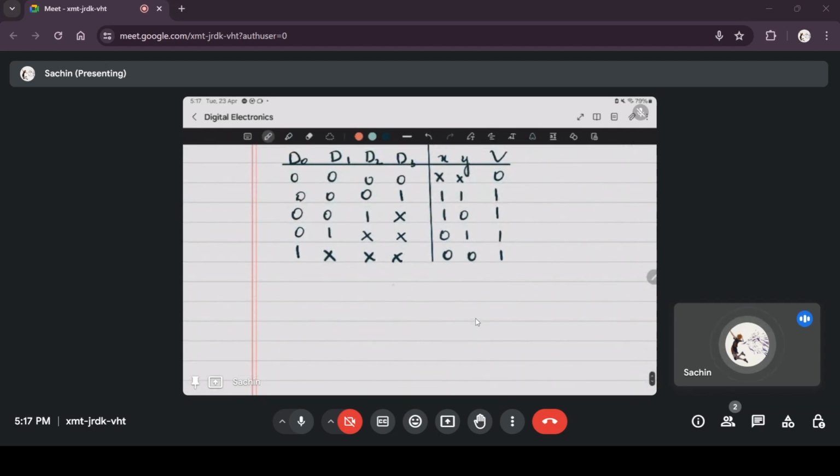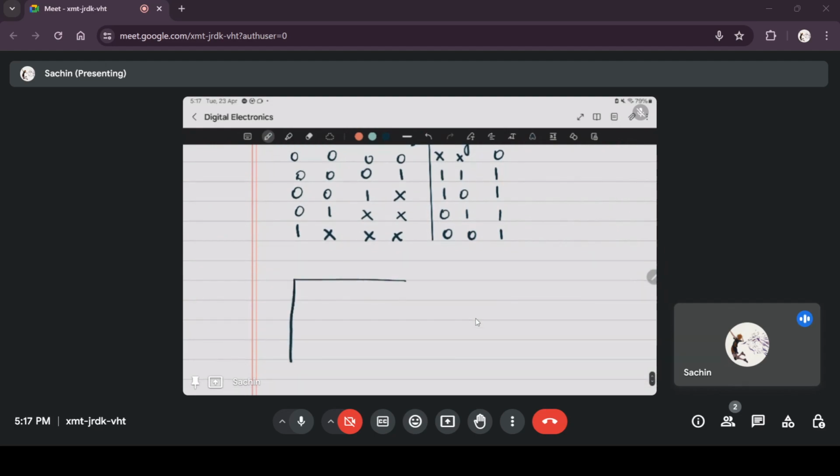From this truth table, you can write K-maps for this question. Let me draw the K-map also.